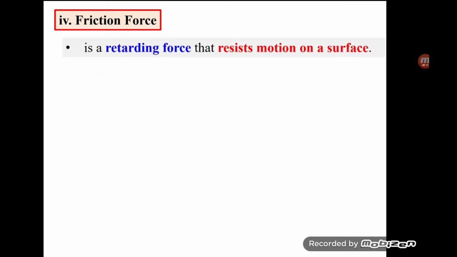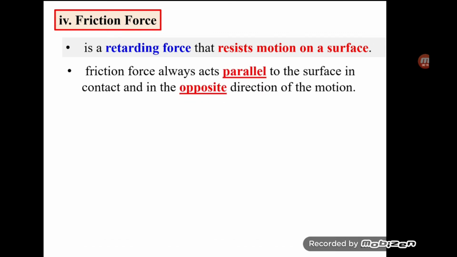The fourth one is friction force. Friction force is a retarding force that resists motion on the surface. Friction force always acts parallel to the surface in contact and in the opposite direction of the motion.